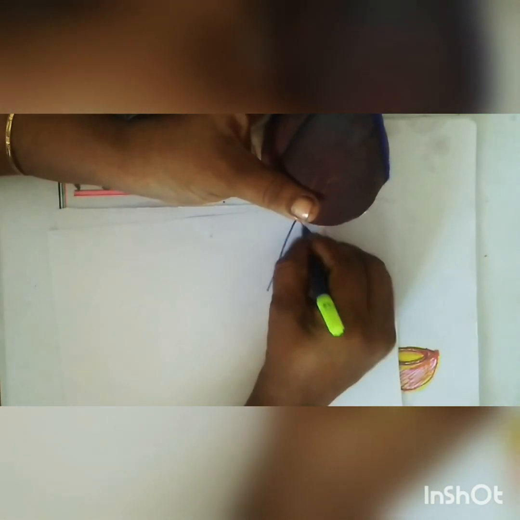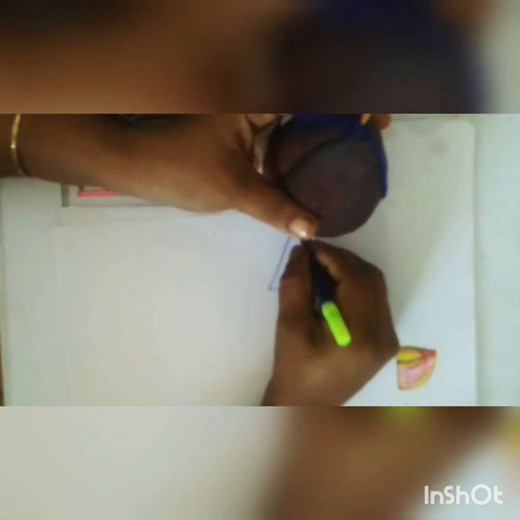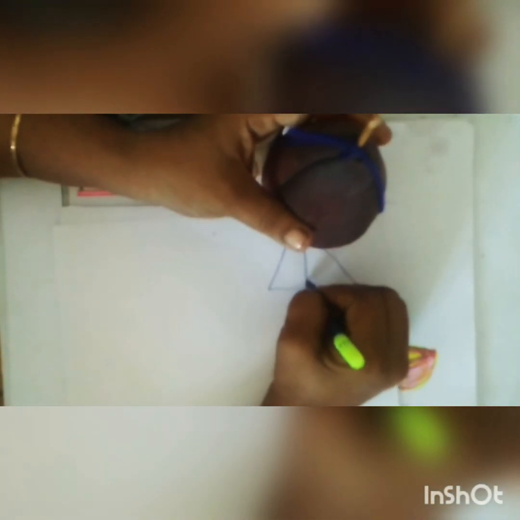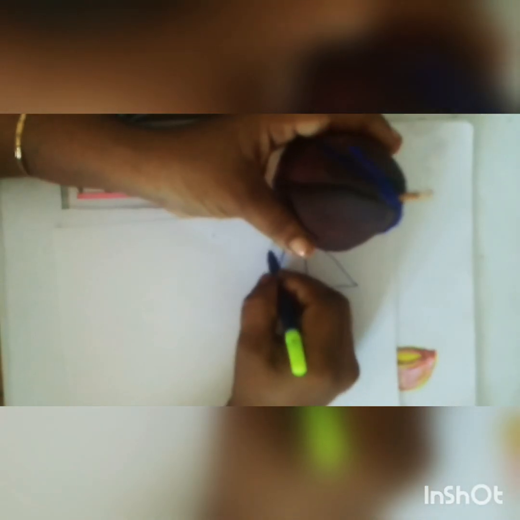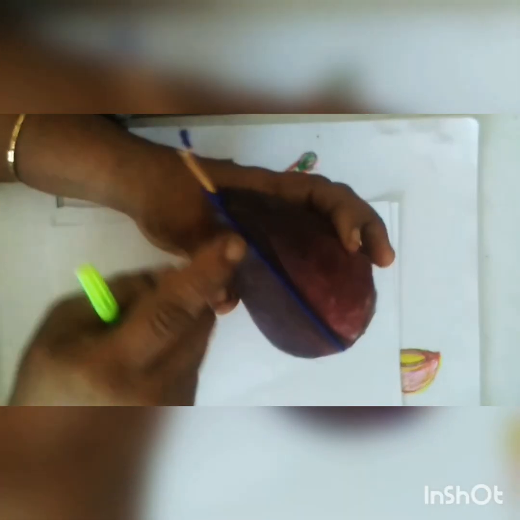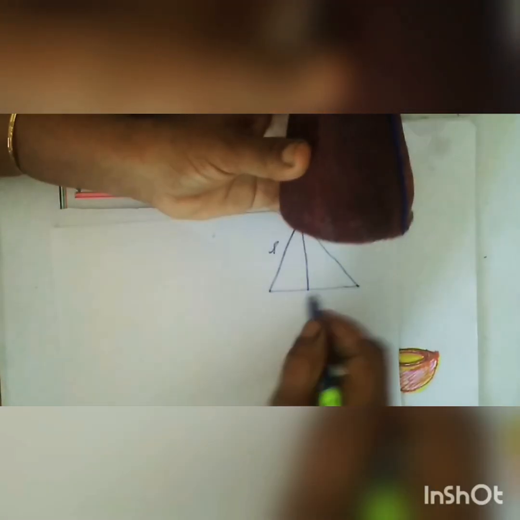Then there is a relation between H, R and L. This is a cone and this is the H. And here it is L. L is this, and the radius is this.